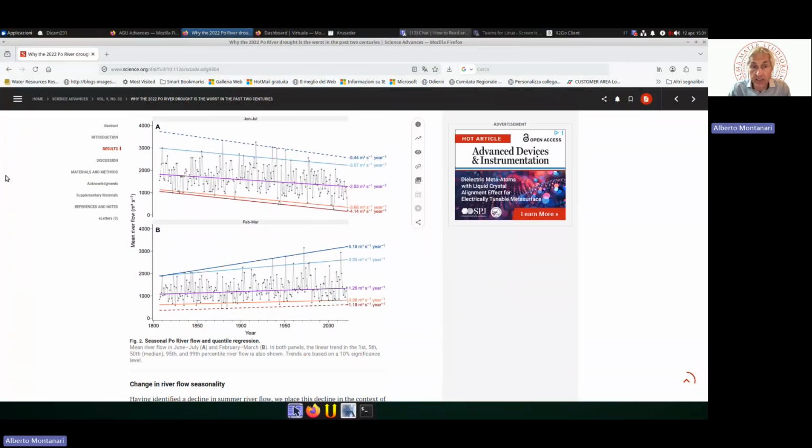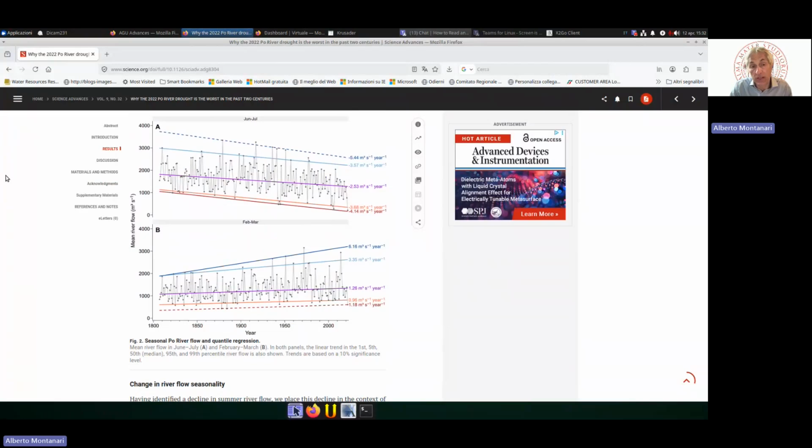And here you see an estimation of basically trends. Let's forget about the technical details, but you see that there is a picture of the mean river flow in June, July, upper panel, and some estimates of trends. And you see that there is indeed a decreasing trend during the observation period from 1807 to 2022.